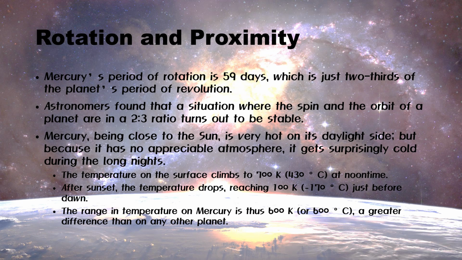Now, the temperature on the surface climbs up to 700 Kelvin or 430 degrees Celsius at noontime. And after sunset, the temperature drops, reaching just 100 Kelvin or negative 170 degrees Celsius just before dawn. Now, the range of temperature on Mercury is therefore about 600 Kelvin or 600 degrees Celsius, which is a greater difference than we have recorded on any other planet. Again, because this all has to do with Mercury's proximity to the sun.